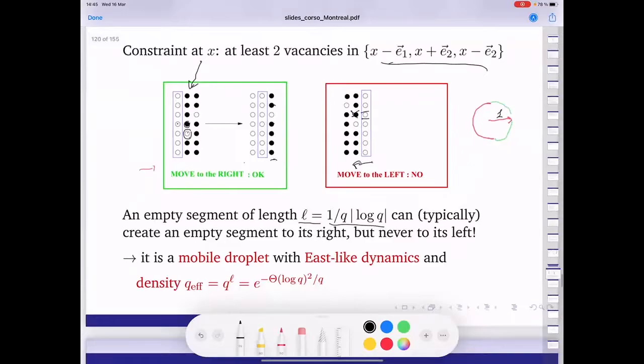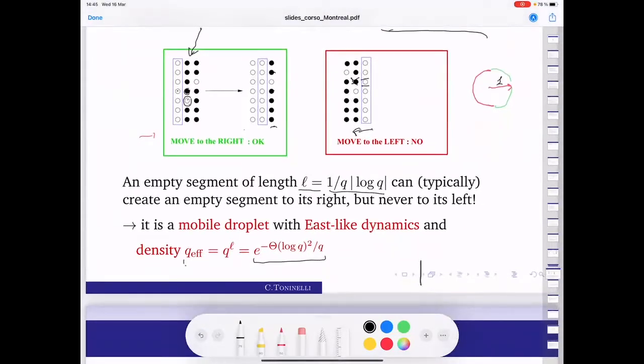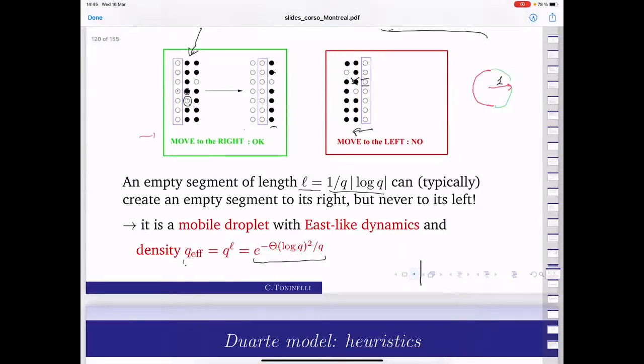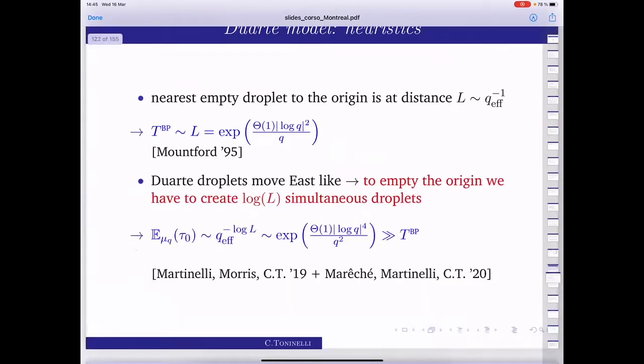And the density of these droplets, so the probability to see this empty column which is mobile to the right, scales as exponential minus 1 over q, which is the probability, times a log correction, to find that empty column. But then it's immediate to see why the two results differ.